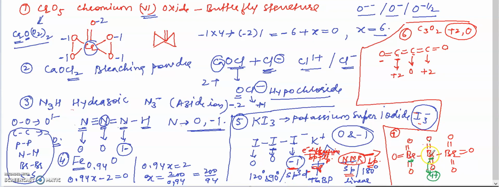This Br, because of this Br will have 0, and because of these 3 oxygen atoms will have 6+ charge. This Br will have 6+, this Br will also have the same 6+. So here in Br3O8, Br is showing 6+ and 4+ oxidation state. So this is all about a few exceptional oxidation numbers of important compounds from where they can ask you questions.